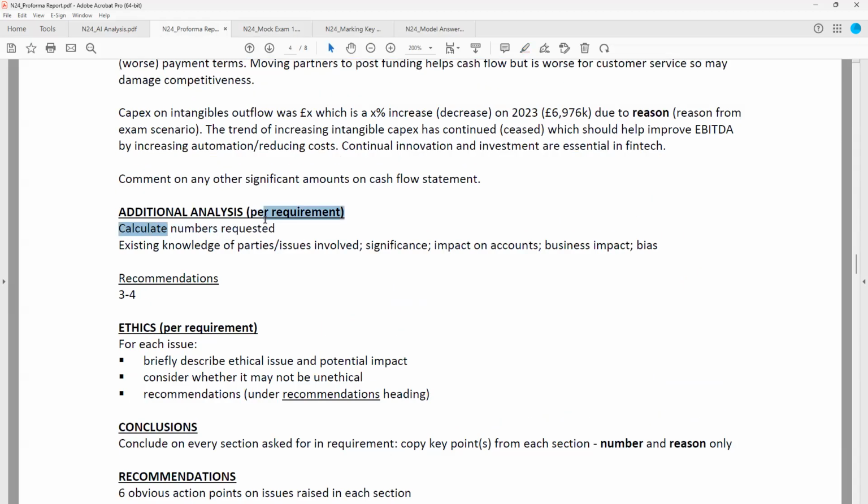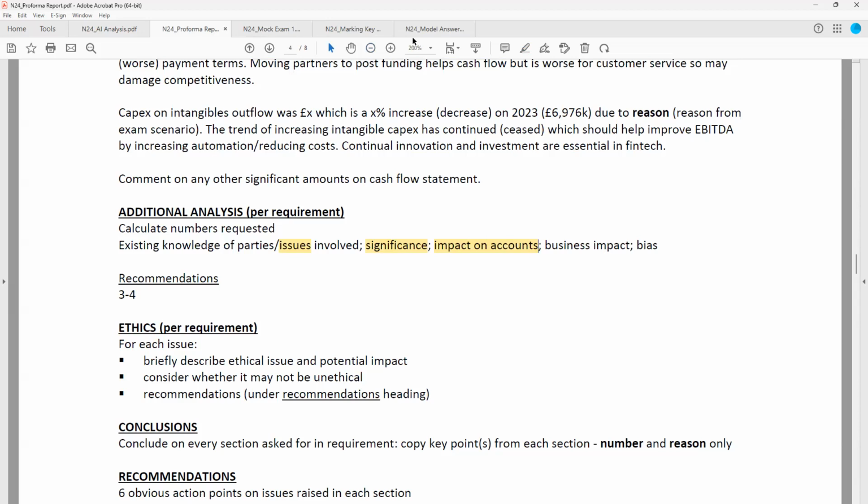So there aren't really any numbers to calculate. There's a lack of information here, but we could mention what we know about the issues involved. Obviously, using the payment system for crime was something mentioned in the AI. The significance of it, the impact on the accounts, possibly having to write off any pre-funding amounts given to that partner, if any.